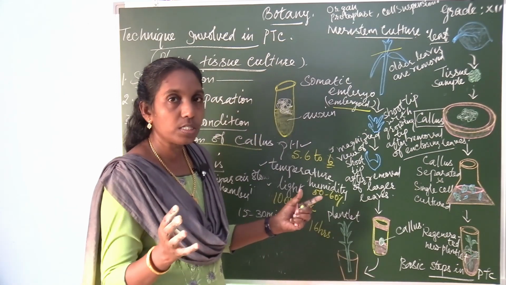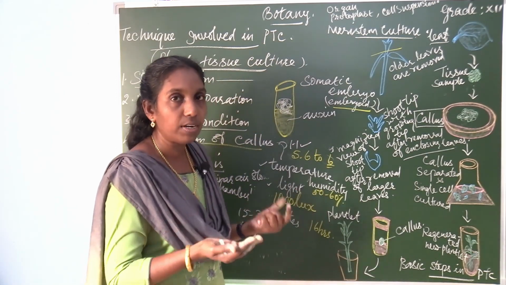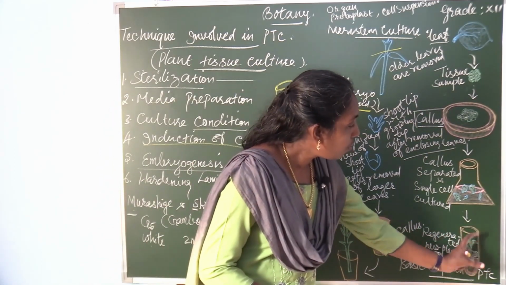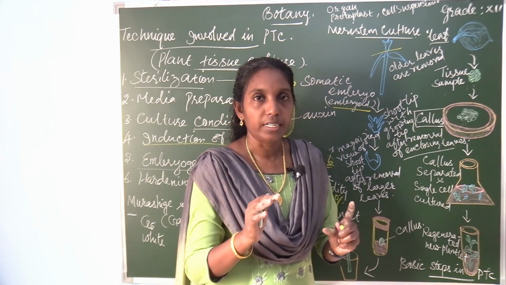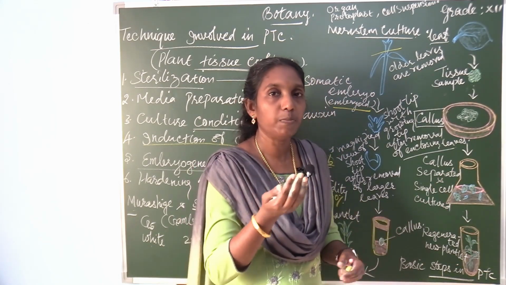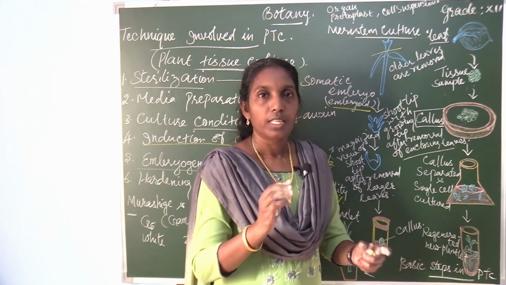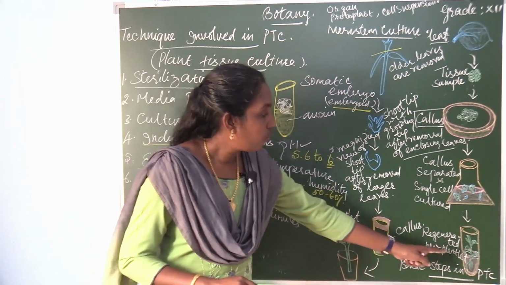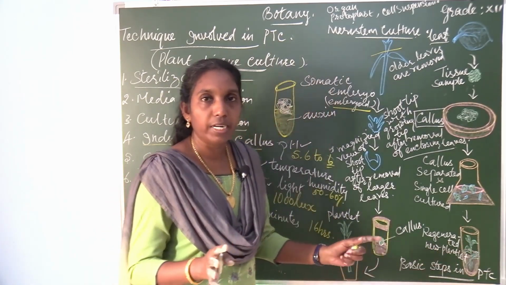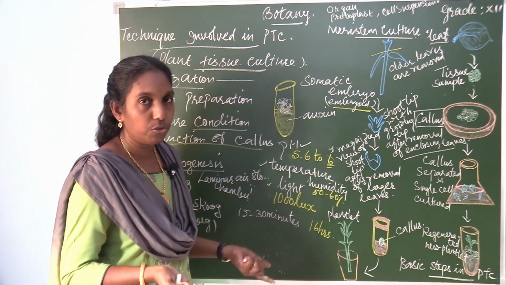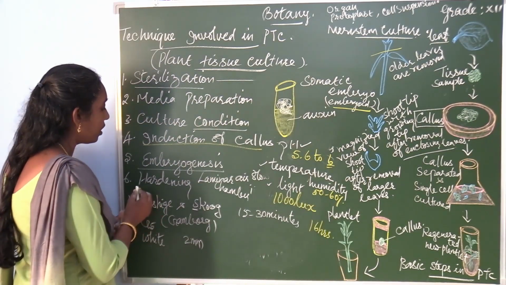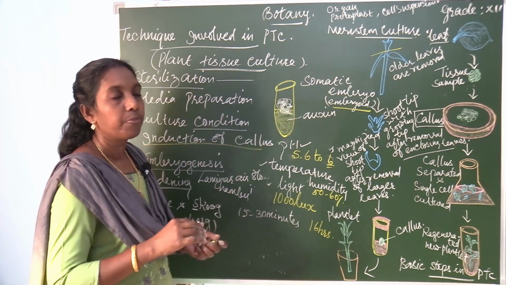There are thousands of new plantlets that can be developed. But within this test tube or conical flask or petri dish, it is not sufficient to develop the entire plant. All the organs are developed, the root, the stem and the leaf, but it cannot be allowed to grow fully there. So the final process is called hardening. What is this?